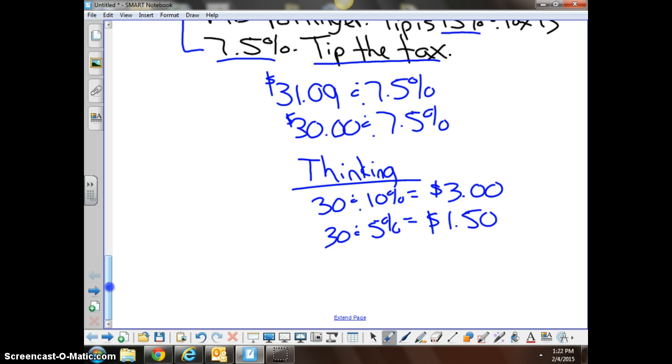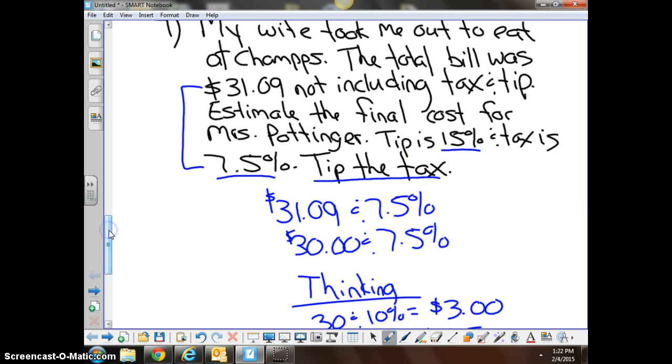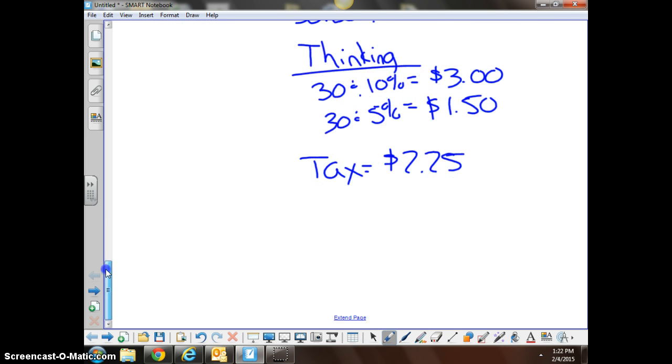So in my head, I knew that I was going to pay a tax of about $2.25. I could do that in my head. So my tax is $2.25. Okay? Now I need to add that to my total cost, which was what? $31.09, right? So I have $31.09, and now I have to get some more compatibles.